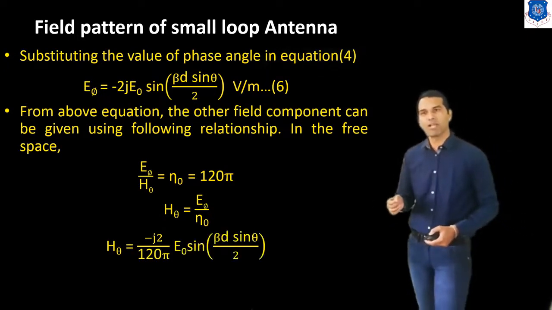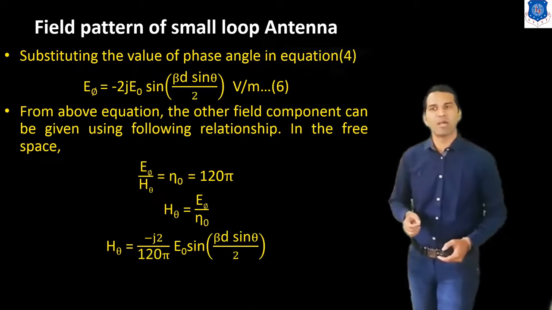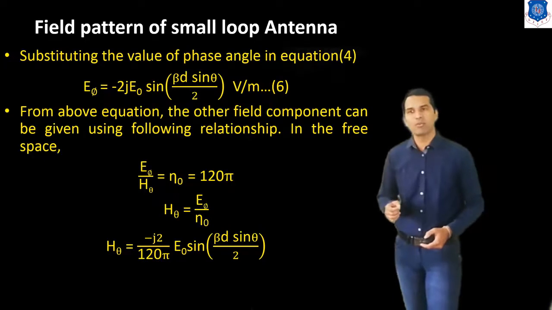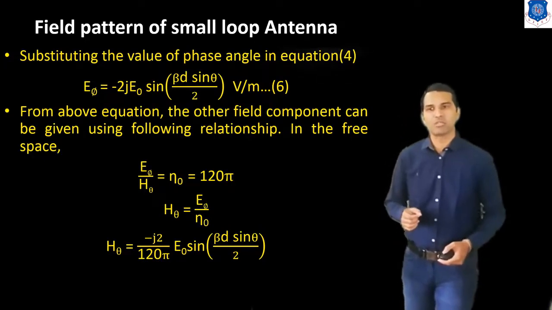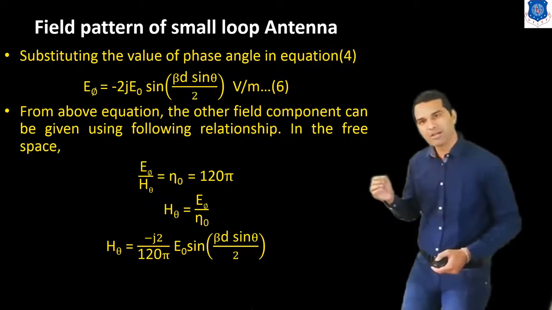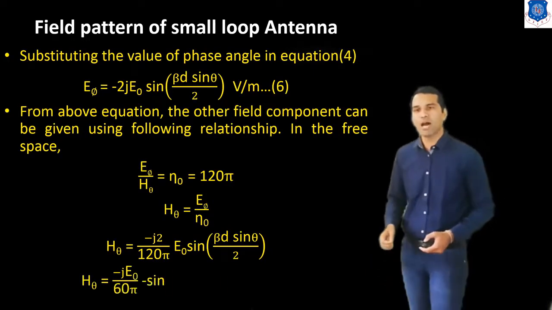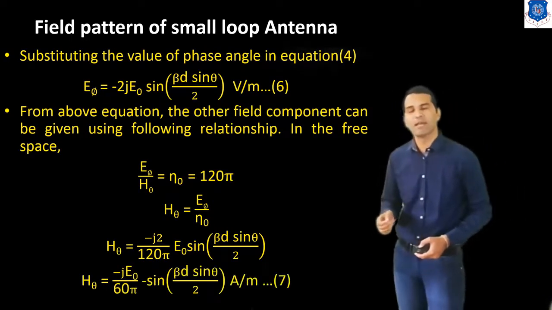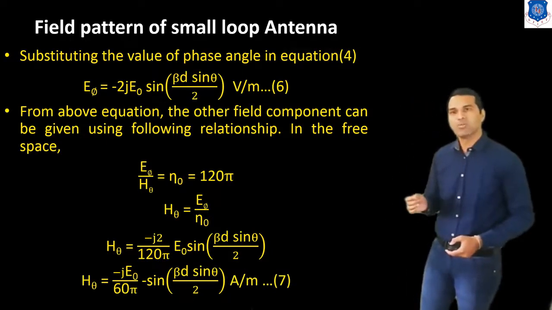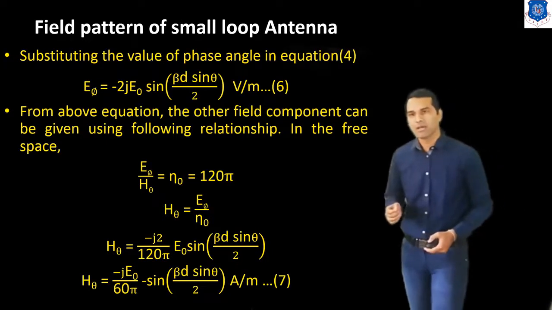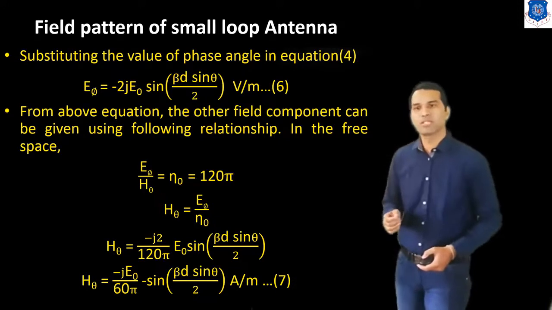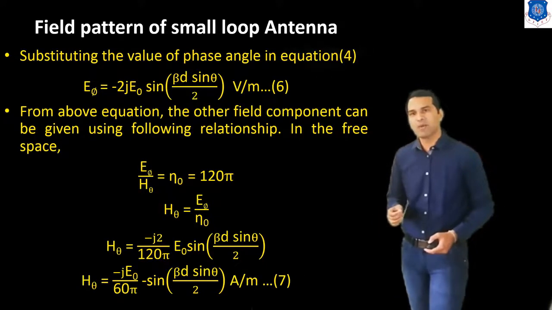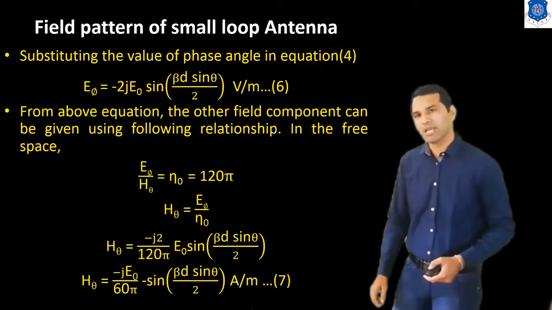By putting the value of E phi, we get H theta equals minus j 2 E0 sin beta d sin theta by 2 upon 120 pi. Now we simplify this equation. So we get H theta equals minus j E0 upon 60 pi sin of beta d sin theta by 2, and the unit is A by m.